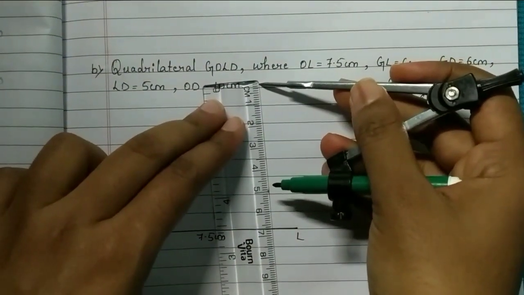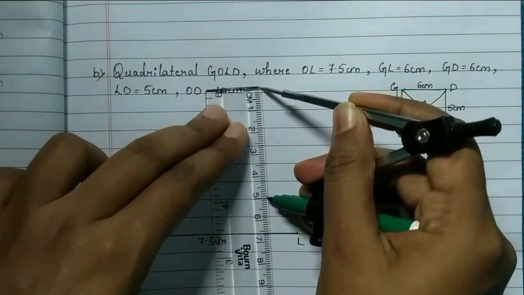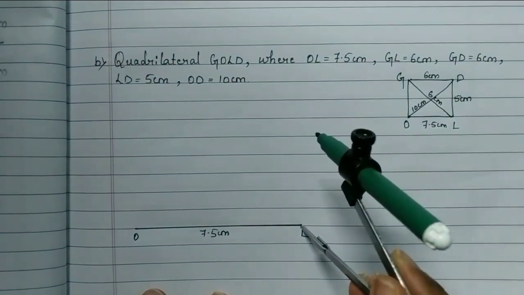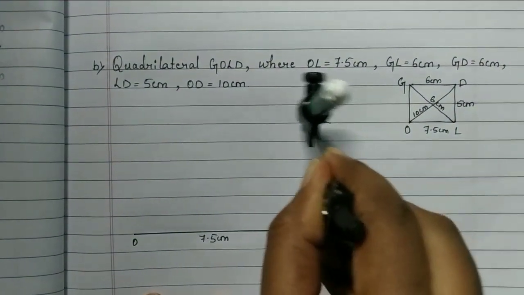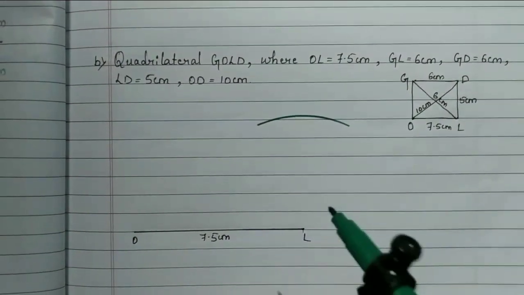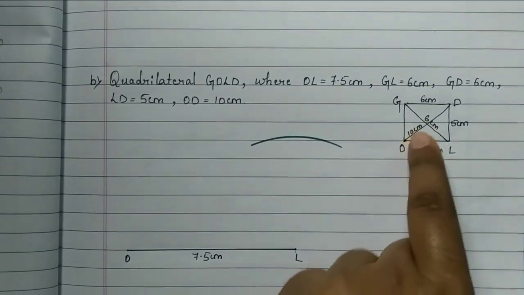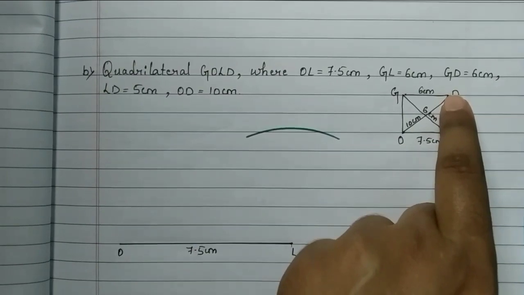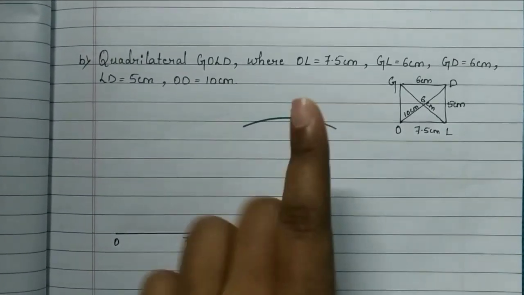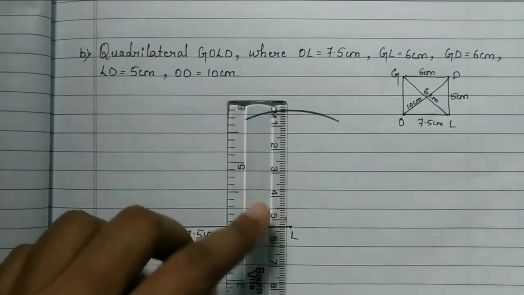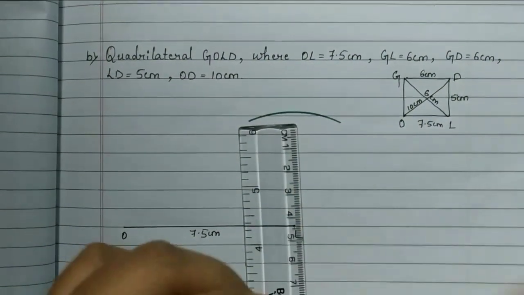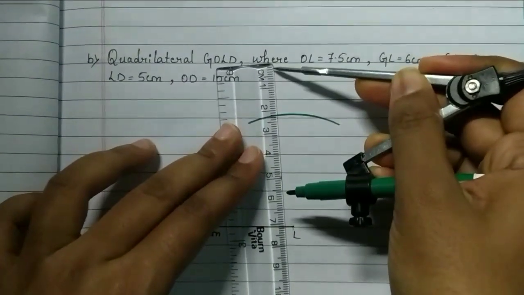So take the measurement of 5 cm and cut an arc, keeping the compass at point L. Similarly we need one more arc here, which will cut this arc at some point. Sorry, this is not 6 cm, it is 10 cm. So we need a 10 cm arc.